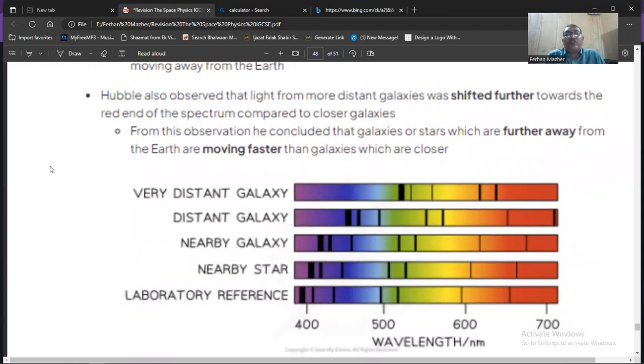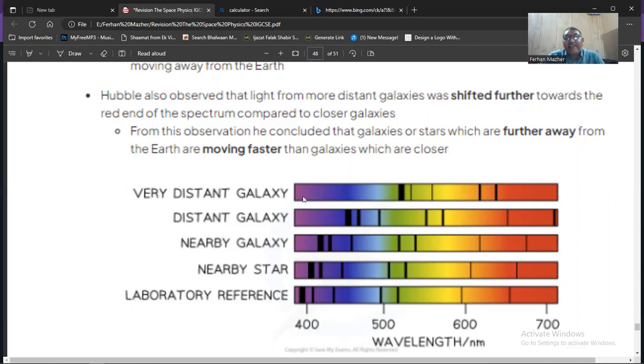Hubble also observed that light from more distant galaxies was shifted further towards the red end of the spectrum compared to the closer galaxies. From this observation, he concluded that galaxies or stars which are further away from the Earth are moving faster than the galaxies which are closer.